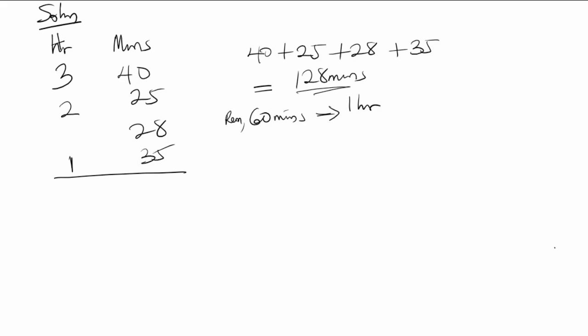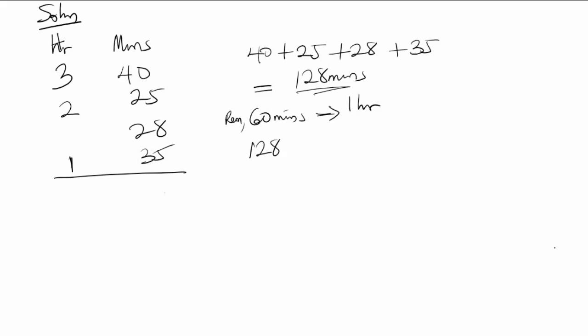We can only write a figure that is less than 60 in the minutes column, because once it's above 60 it becomes an hour and is meant to be carried over to the hours column. That is why we need to convert 128 minutes to hours, so we know what we are taking over to the hours column and what we are leaving in the minutes column. I don't know if you get me.